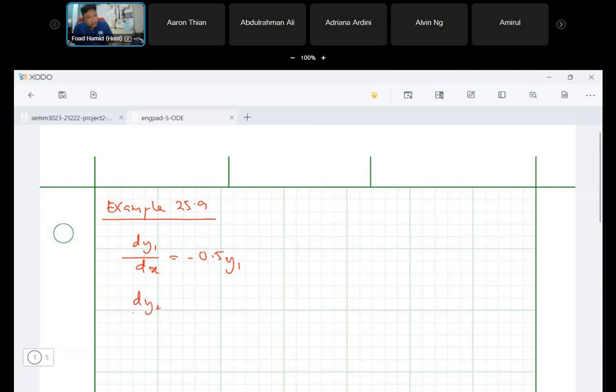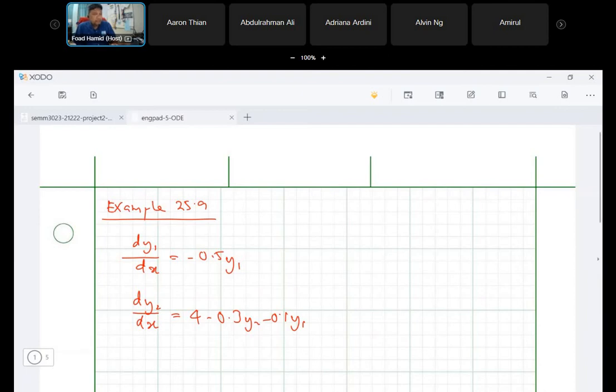And dy2 over dx is equal to 4 minus 0.3 y2 minus 0.1 y1. We must solve these simultaneously, because we cannot solve this individually, since there are two unknowns here, y1 and y2. This is a system of first order ODE, because the derivative here is of order 1, the first derivative.